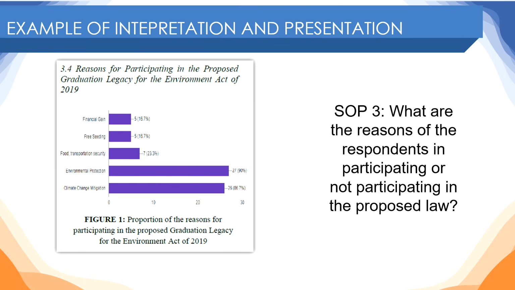Then, our interpretation should identify which reasons were most common and which were less common. For example, our interpretation might focus on the most frequently reported reason and the least frequently reported reason, and meaningful differences among the categories. Then, the important thing is to connect the findings to the specific SOP.